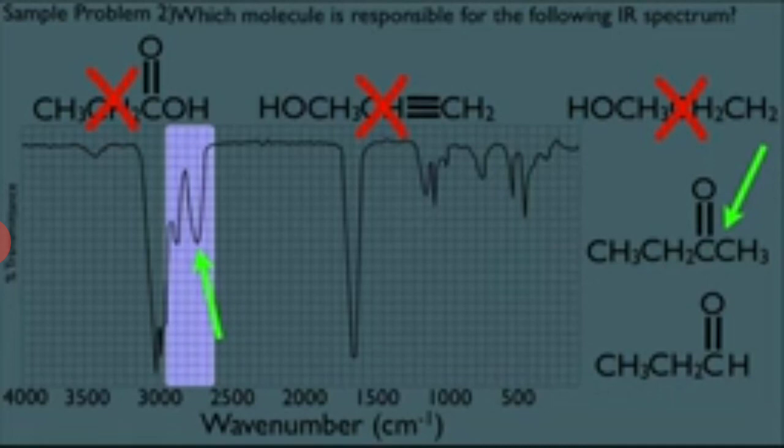If you observe these two peaks between 2600 to 2800, which is the stretching of CH, this confirms that this spectra is of an aldehyde. So the answer here is of course the aldehyde and not the ketone.